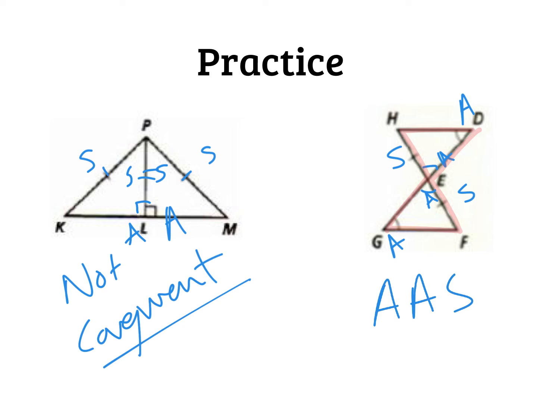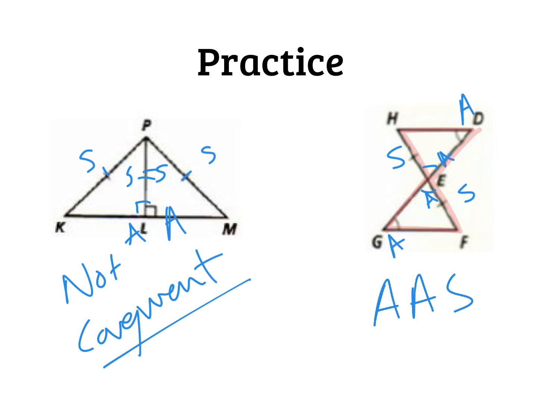So my best pointers for you here is to do this. If you see vertical angles, draw the arches in there. If you see two triangles sharing a side, draw the tick marks for the side. And then once you label your angles, your sides, and your angles, just read the problem. Read the letters. ASS, ASA, SAS, SSS, and that's how you know which theorem is going to go with which one.